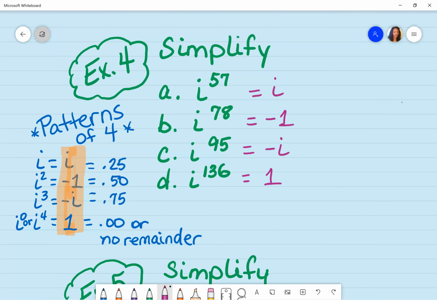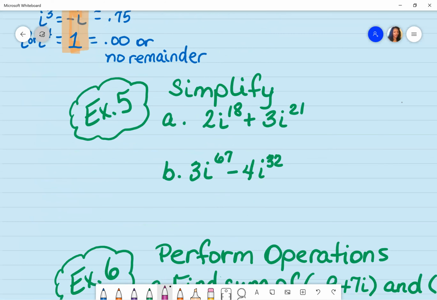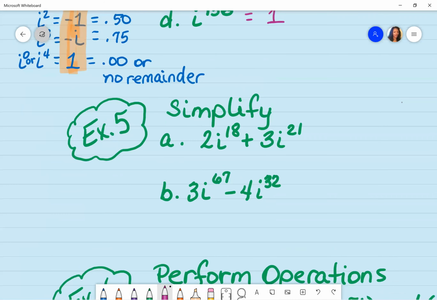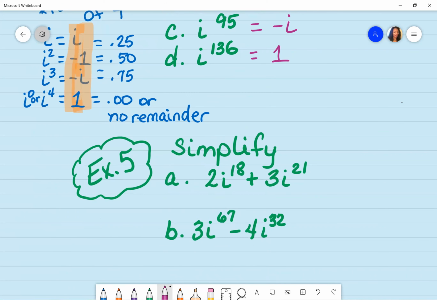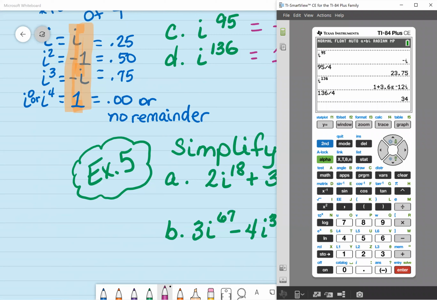All right, so what about if you have something that looks like this? Now, the highlighted part is not necessarily going to be your final answer. It's going to be the part that replaces the i's that you're trying to simplify. All right, so let's put this in the calculator just as we see it. So I'm going to clear all that.